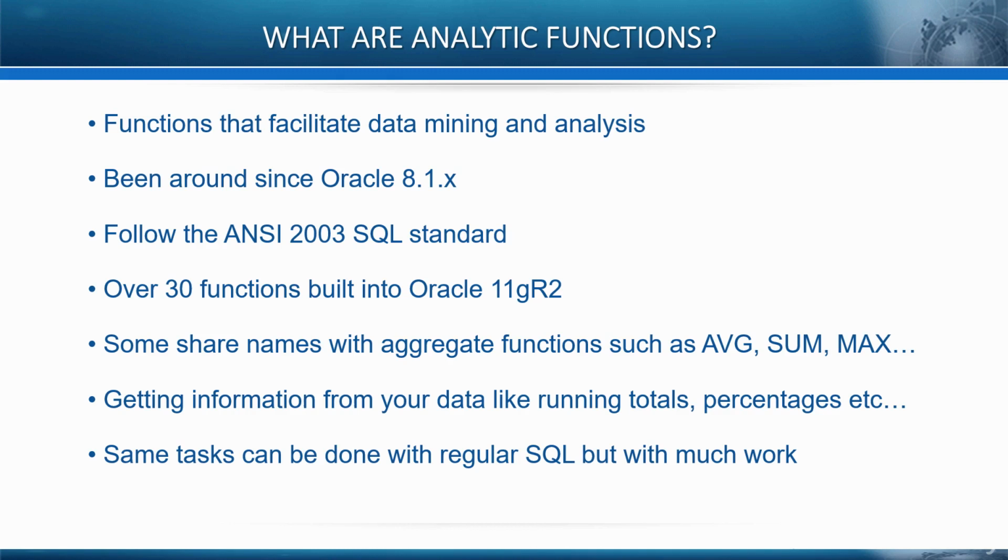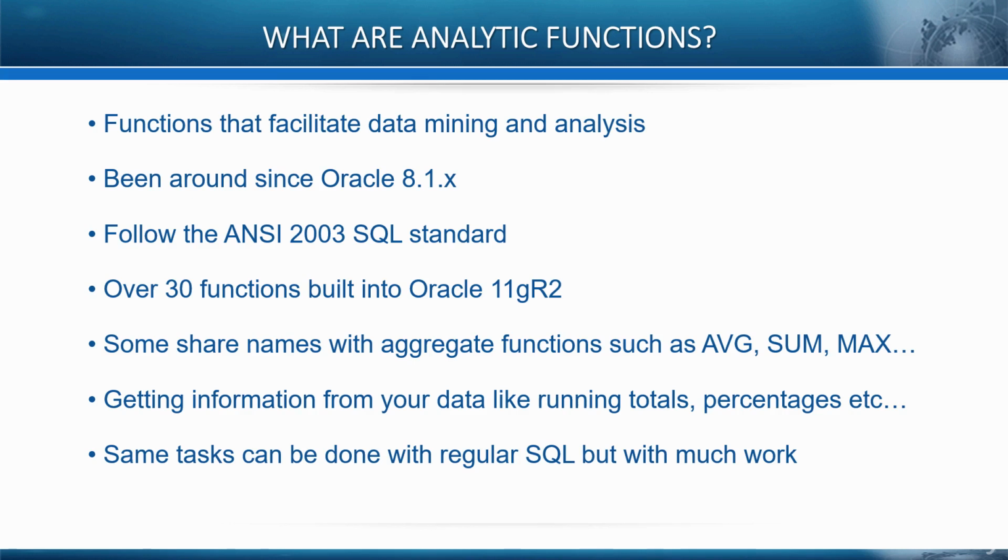You must have heard or even used aggregate functions such as average, sum, max, min, and many more. Well, these are traditional aggregate functions, but each of these also has an analytic function which are far more powerful than the simple aggregate functions you might have seen and used before. So even though the words are the same, you'll find that the application will be different when used as analytic functions.